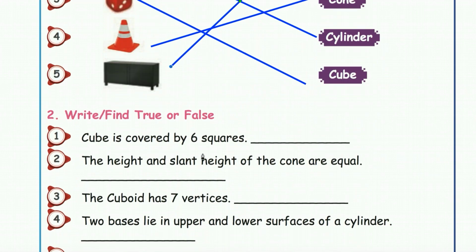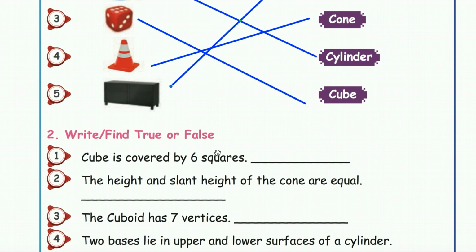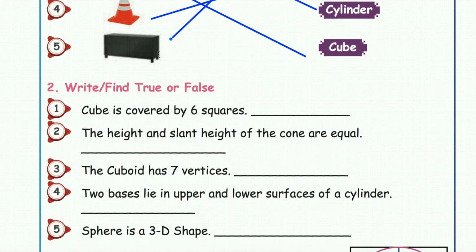Cube is covered by 6 squares. That is right: 1, 2, 3, at the back one, top and the bottom. Yes, 6 squares. This is true.